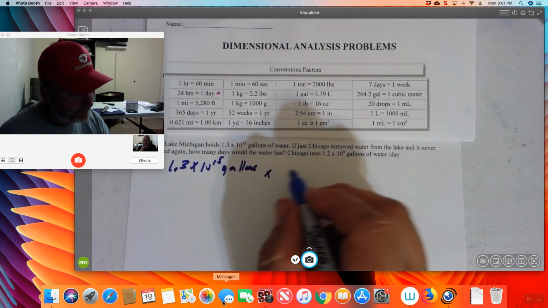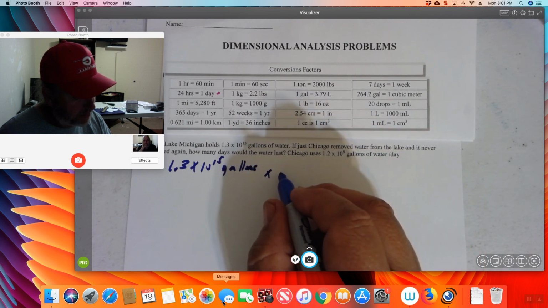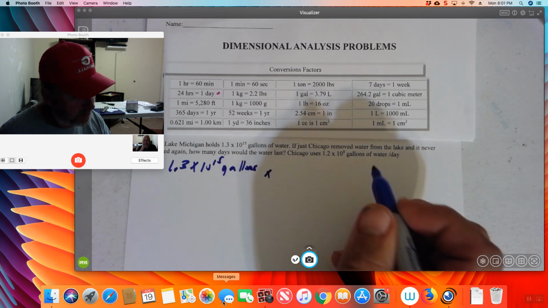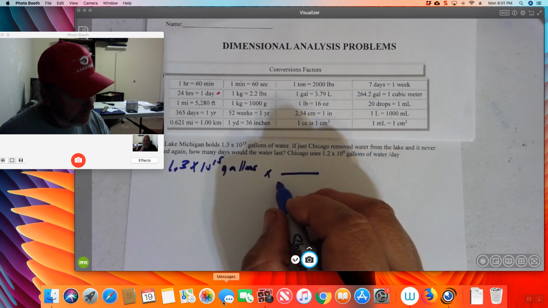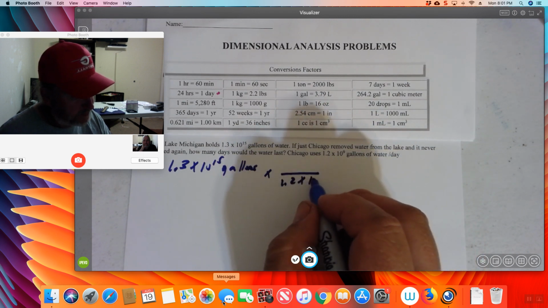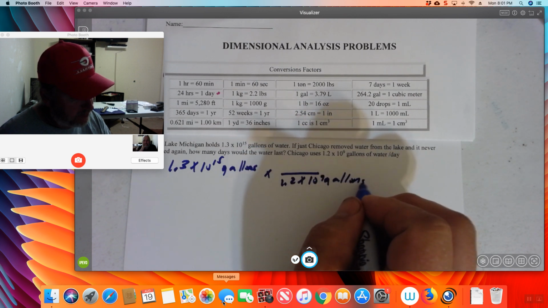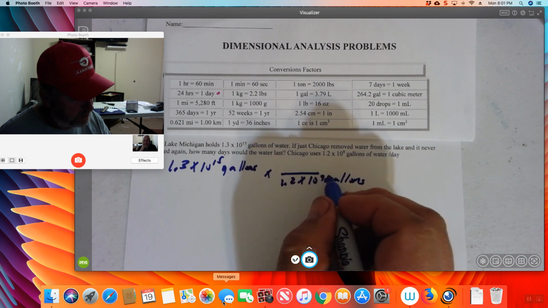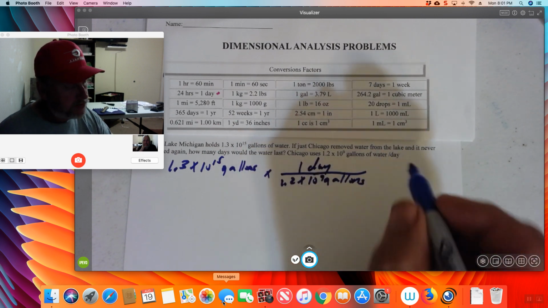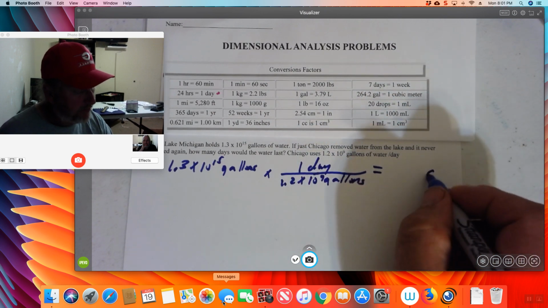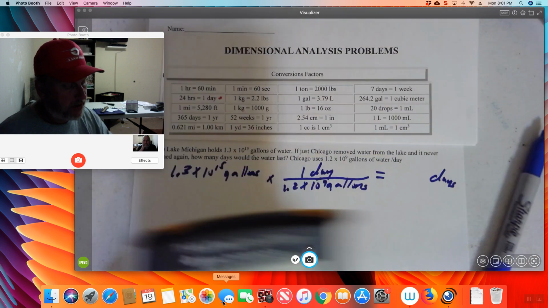Chicago uses 1.2 times 10 to the 9th gallons per day. So this is going to give me the number of days that Lake Michigan holds of water that Chicago needs.